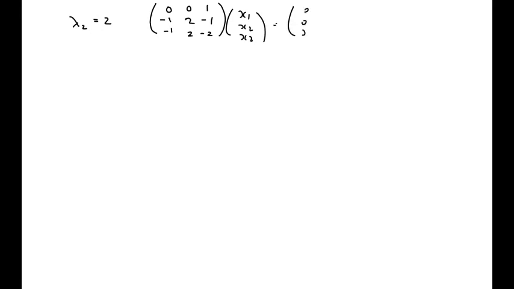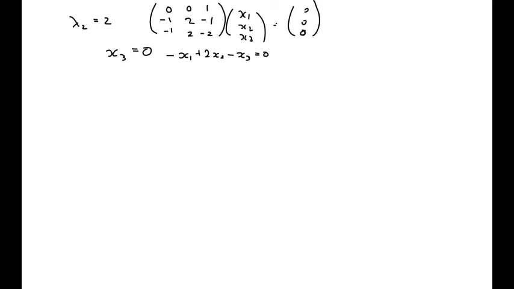And then we get ourselves a series of equations, and we can start off with x3 is equal to 0, because it's 0x1 plus 0x2 plus 1 times x3, so x3 is equal to 0. Then from the second line it's negative x1 plus 2x2 minus x3 equals 0.